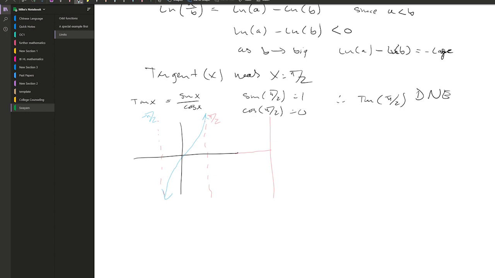And we find out that tangent makes the same picture again because it is periodic, and that means when I am going towards pi over 2 from below, the thing shoots way up, and when I'm going to pi over 2 from above, it shoots way down. So this big idea here is important: to investigate both sides.